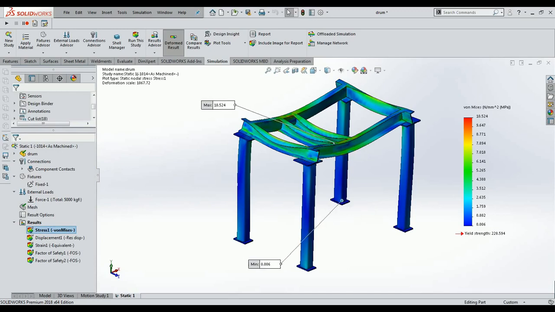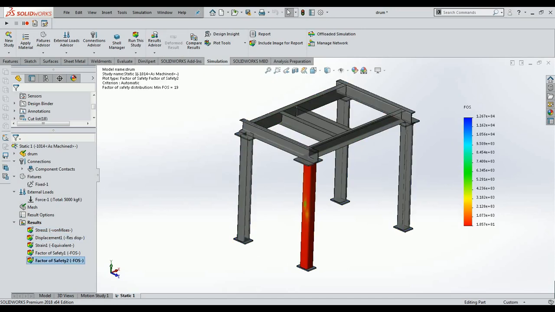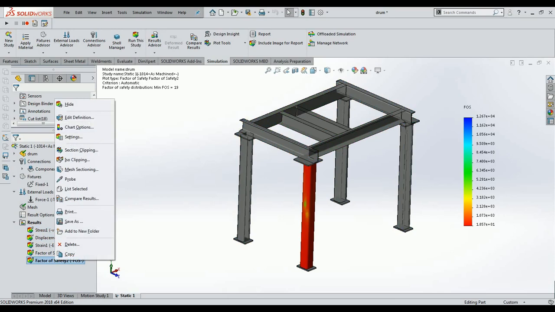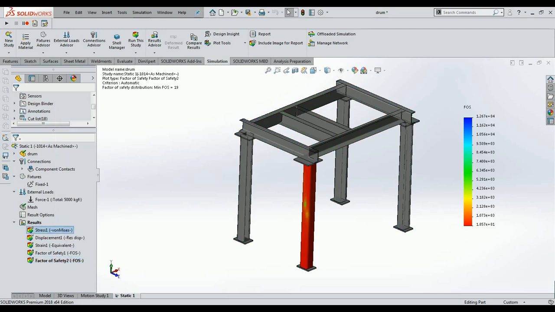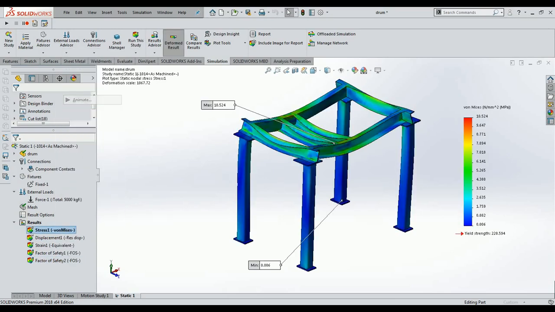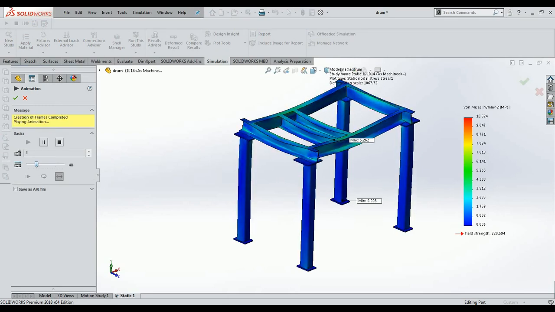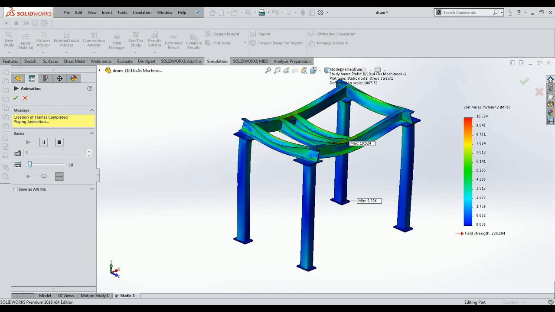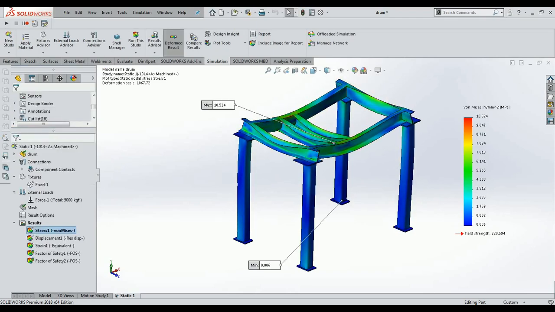Not only that, we can also evaluate the displacements, the strain, the factor of safety, and how much material is taken to withstand the load, where more material is allowable and where less, and so on. We can also study the deformation and where the stress distributions start and end.